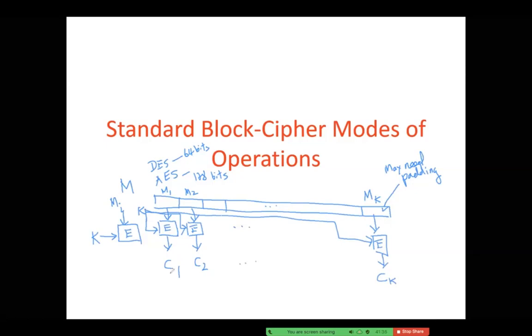Then this will be transmitted one at a time to the receiver. So C1 goes to the receiver. This is the receiver in network communication, and then C2 goes.